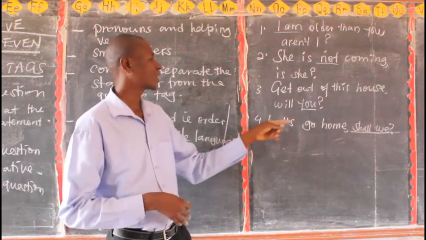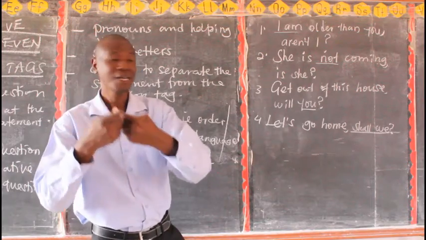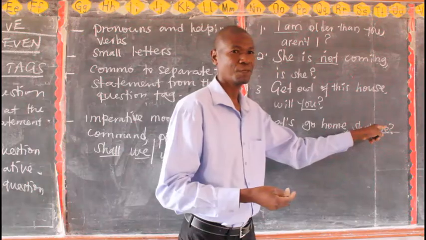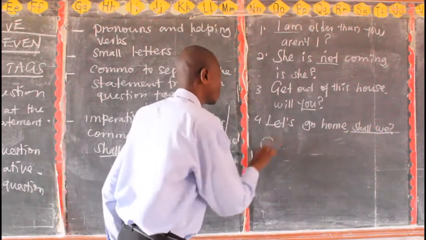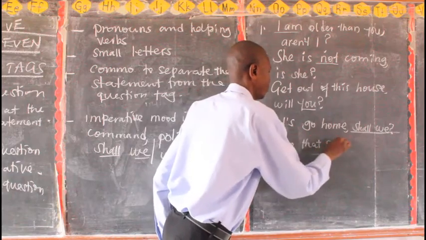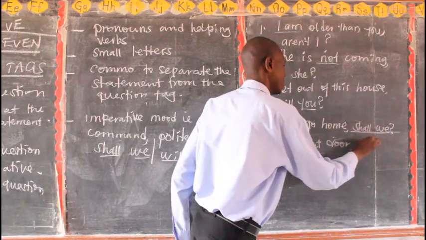You are saying, "Let's go home," which means even you will go home. That is why it is supposed to be "shall we." Just like I can say, "Close that door," which is supposed to be "will you?"